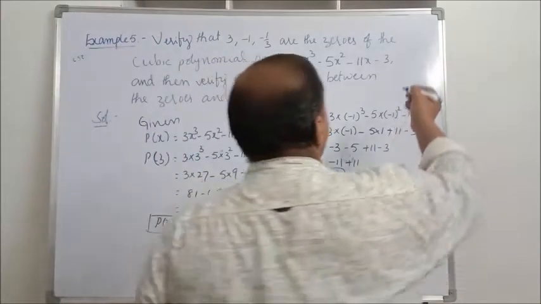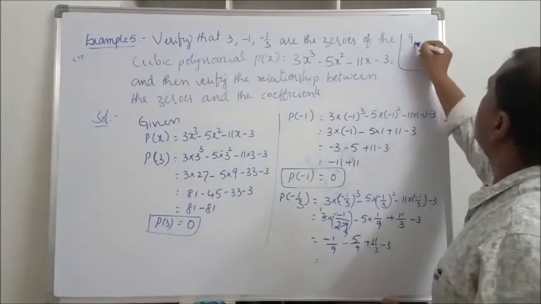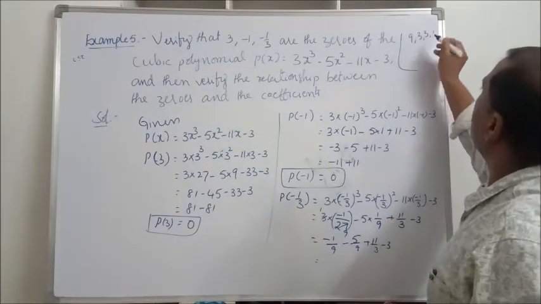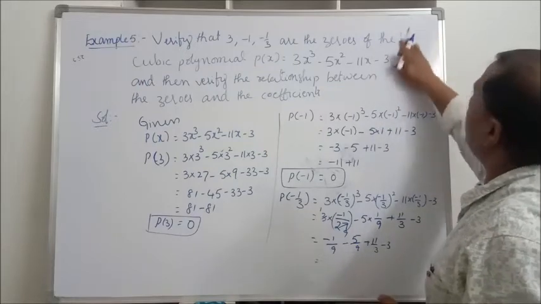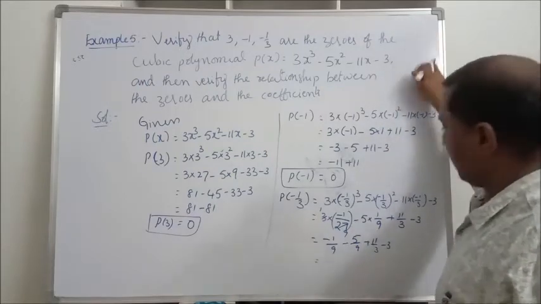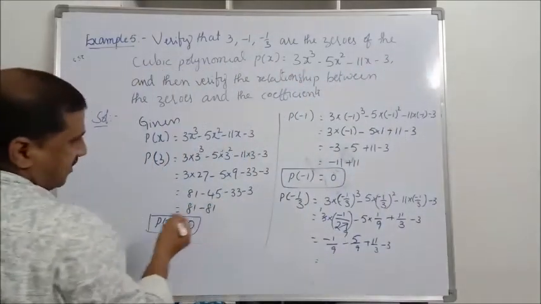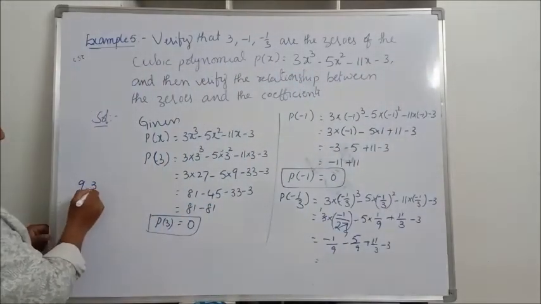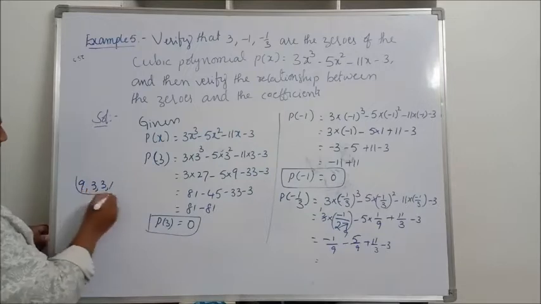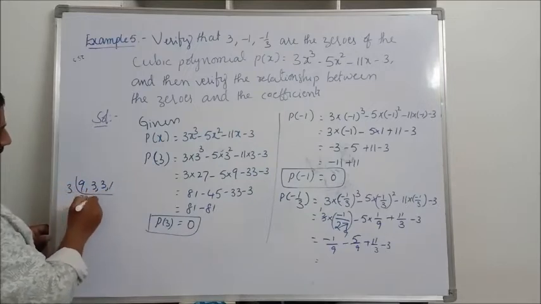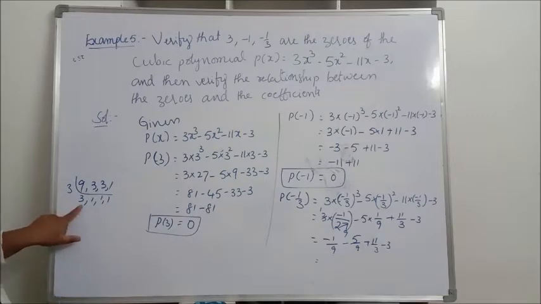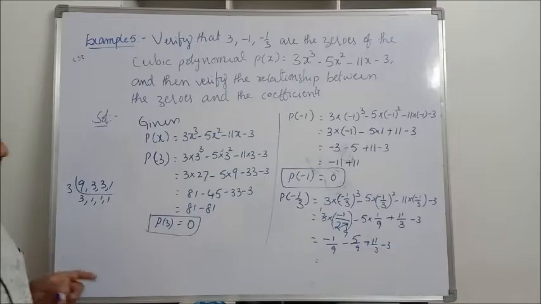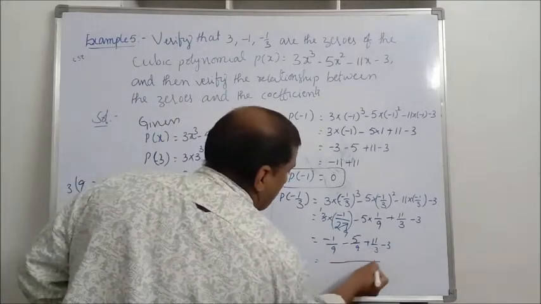Or you can find the LCM of 9, 3, 3 and 1 here: 3 3s are 9, 3 1s are 3, 3 1s are 3 and 1. Multiply 3 into 3, 9, 9 into 1, 9. So therefore LCM is equal to 9.